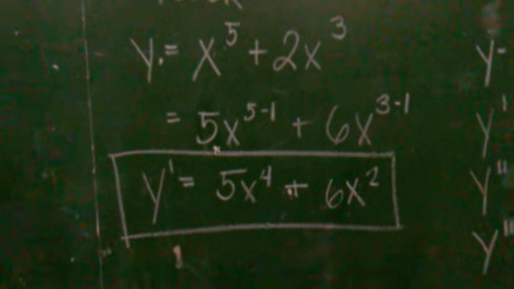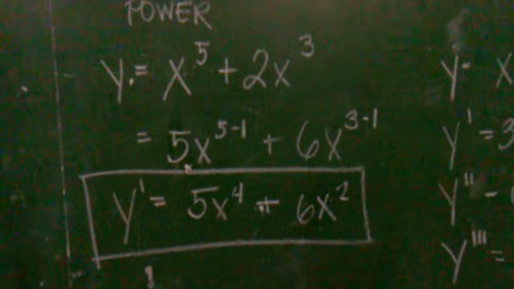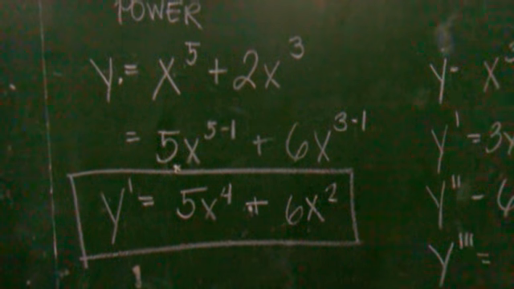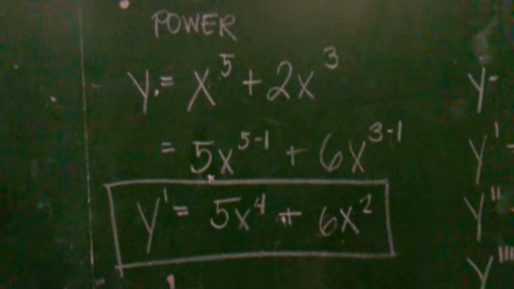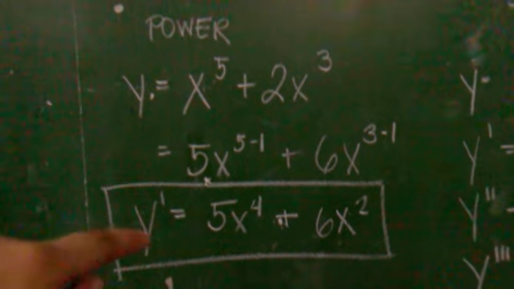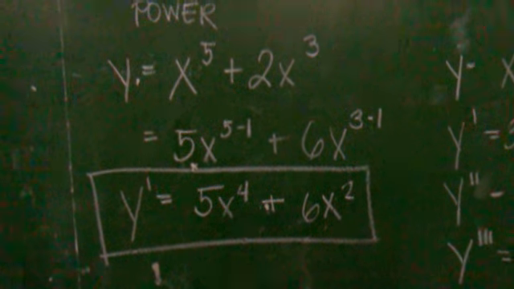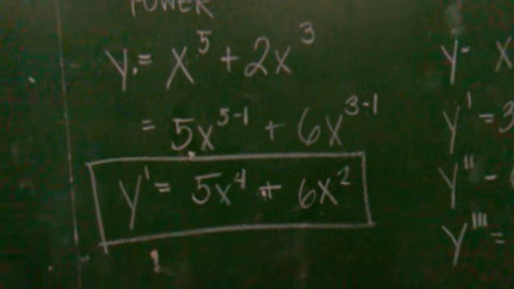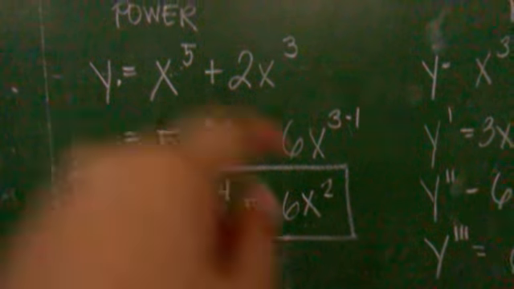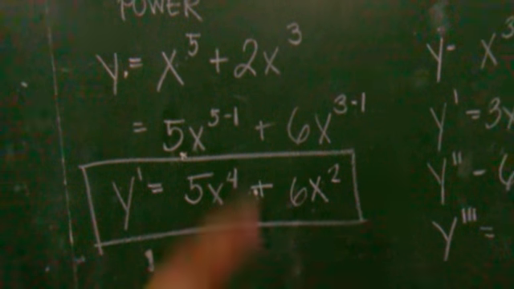That's why in the answer, 5x to the 4th power plus 6x squared came from 5x raised to 5 minus 1, which is 4, and 6x raised to 3 minus 1, which is squared.